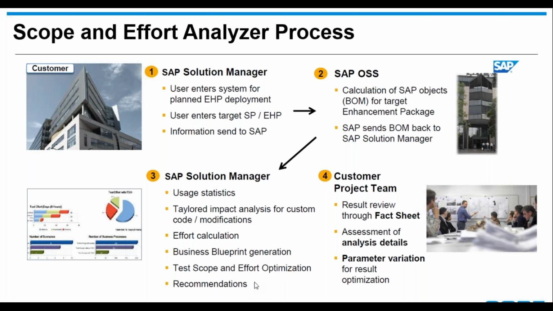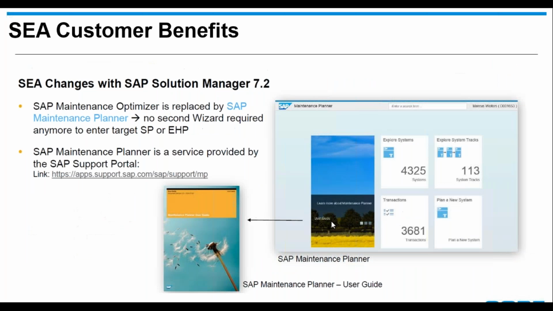It provides recommendations, and then the customer team uses this information to do the test planning for what the changes are that would impact custom code and any configuration, and then comes up with a project plan.